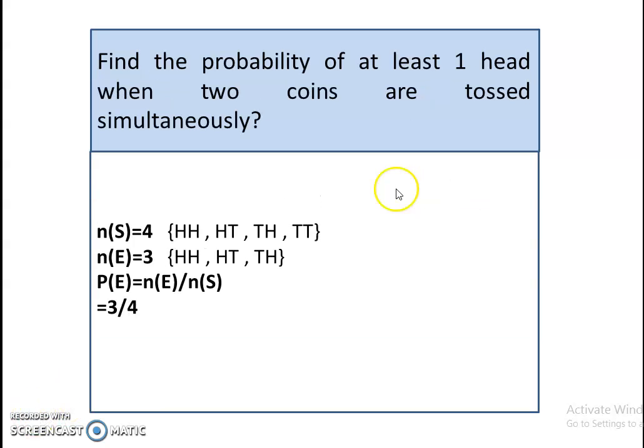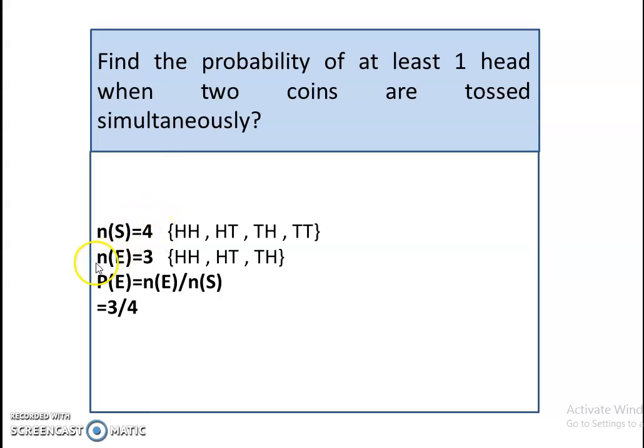Next question we have is, find the probability of at least 1 head when 2 coins are tossed simultaneously. So here the event is at least 1 head, right? We must have 1 head. We can have more than 1 head because it is given at least, right? So the number of sample space will be the same, 4.